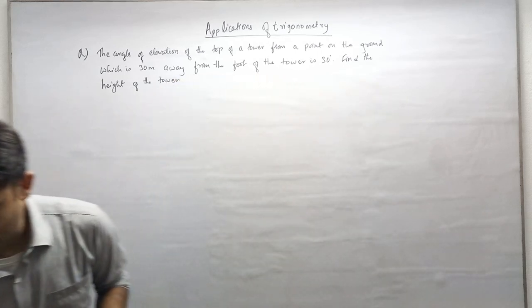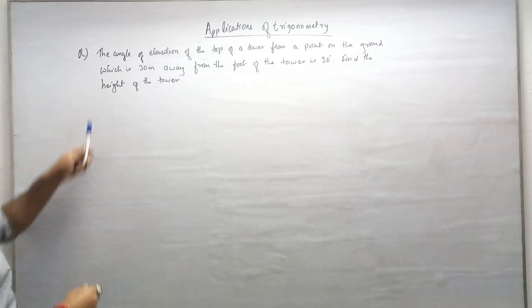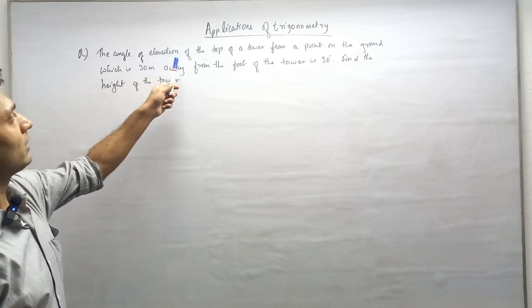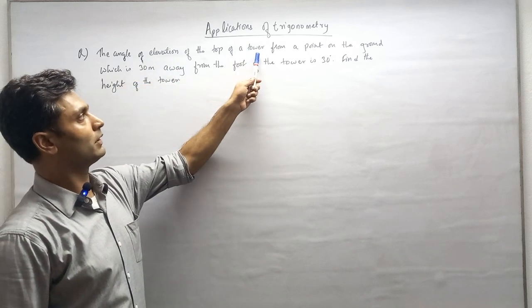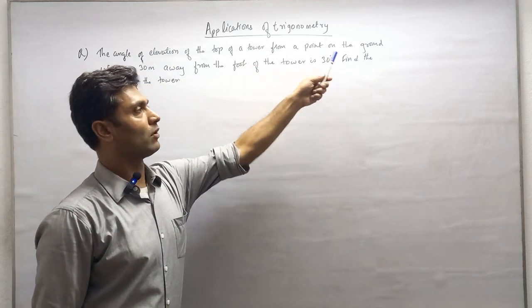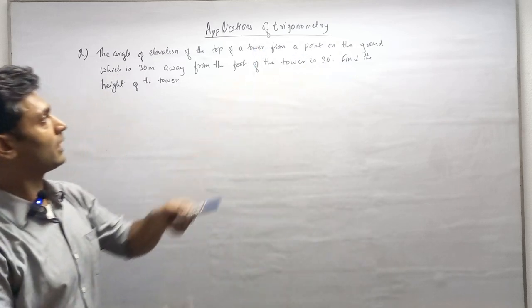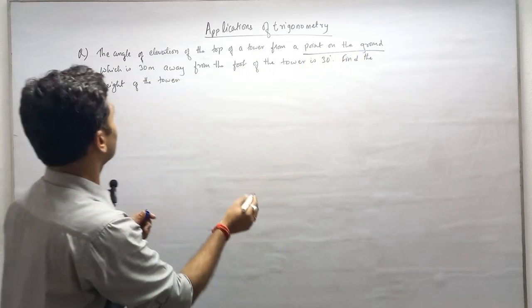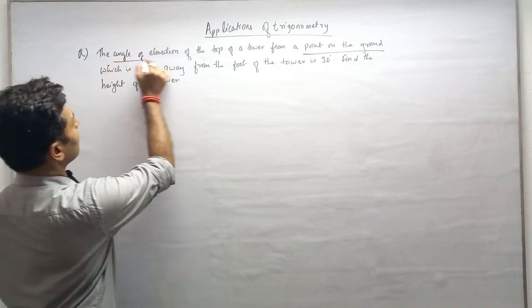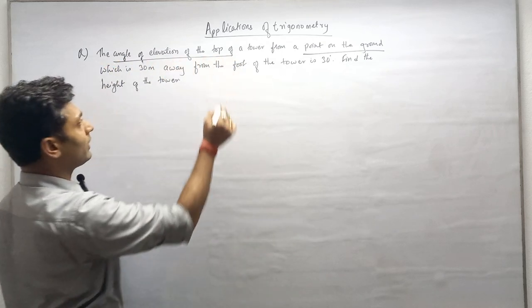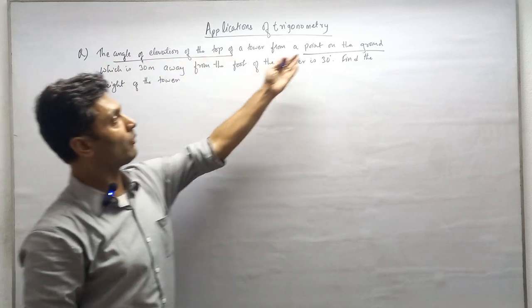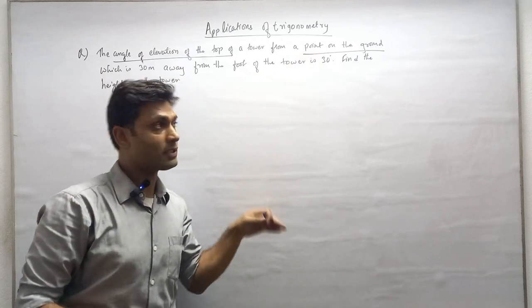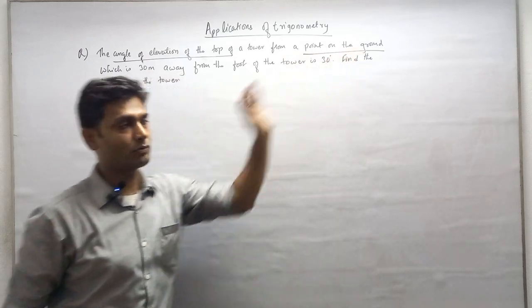Now, I have written this question. The angle of elevation of the top of a tower from a point on the ground. Just try to understand this. The angle of elevation of the top, from where? From a point. Where is the point? On the ground.